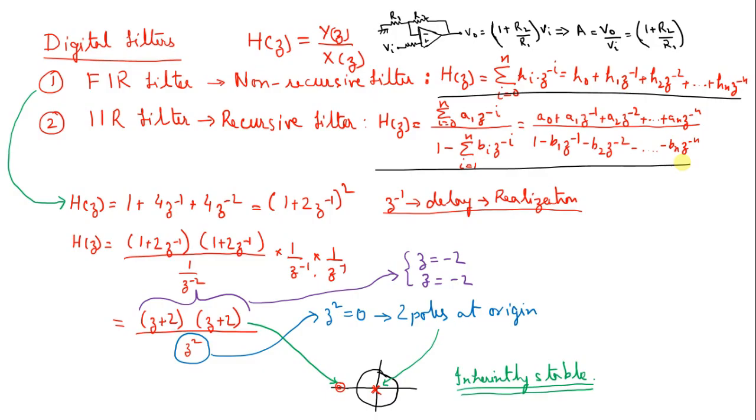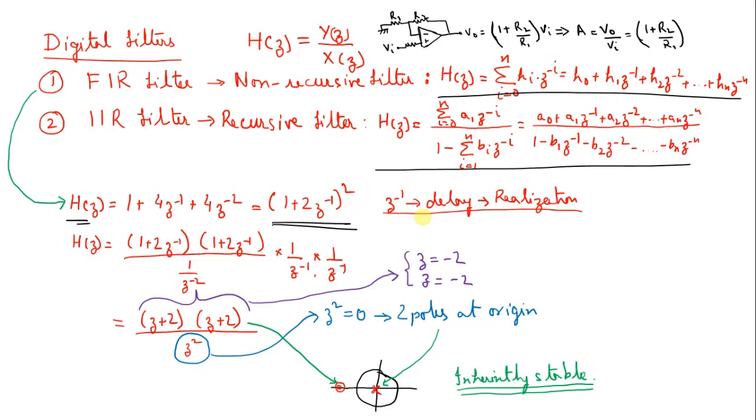Since we will be discussing the FIR filter in this chapter, let us take a simple case of an FIR filter. Say H(z) equals 1 plus 4 z inverse plus 4 z to the power minus 2. You can simplify it in this form: (1 plus 2 z inverse) whole square.